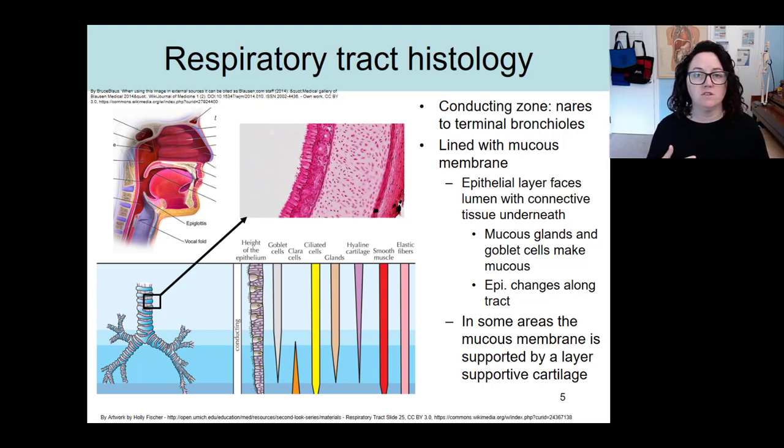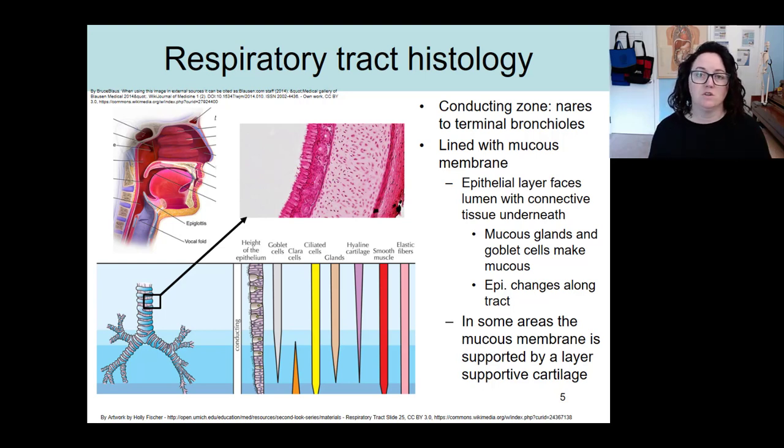So the conducting zone goes from the nares all the way to the terminal bronchioles, and the respiratory zone starts at the respiratory bronchioles and ends at the alveoli. We can also separate the respiratory tract into upper and lower, in which case the larynx acts as the separation point there. I want to talk about the histology of the conducting zone here.